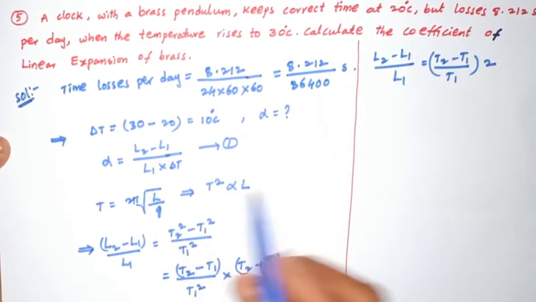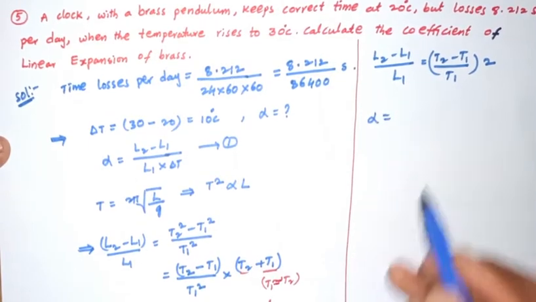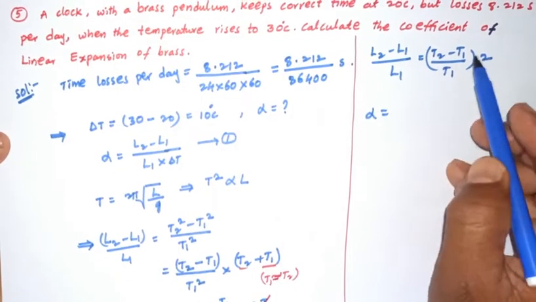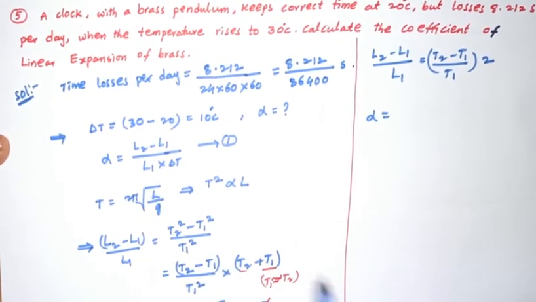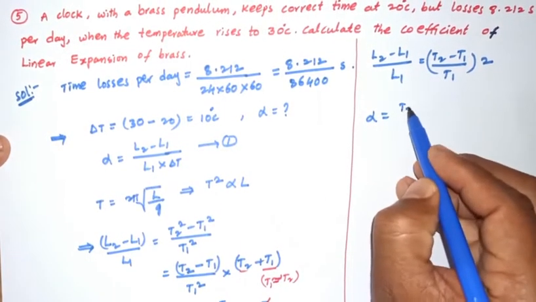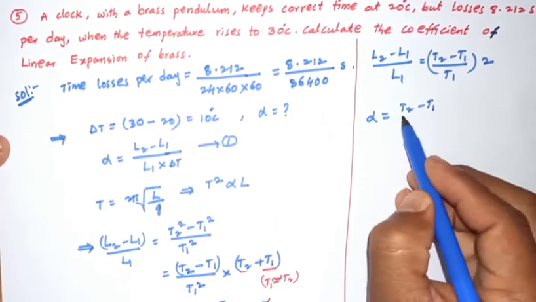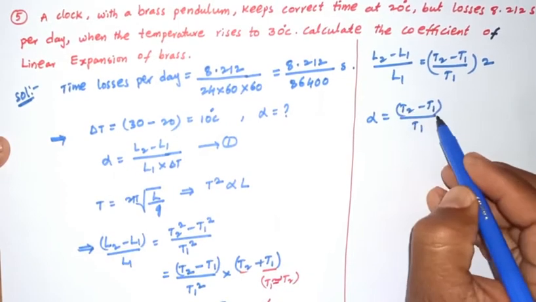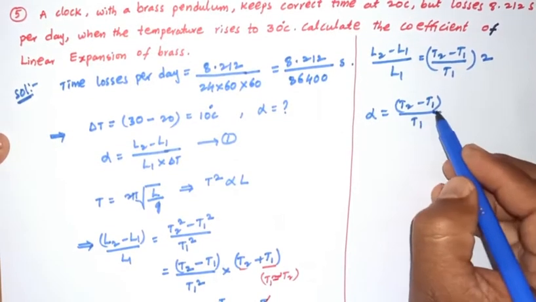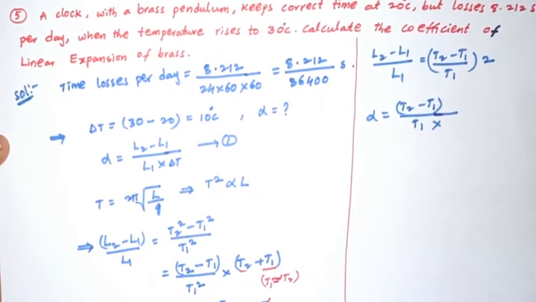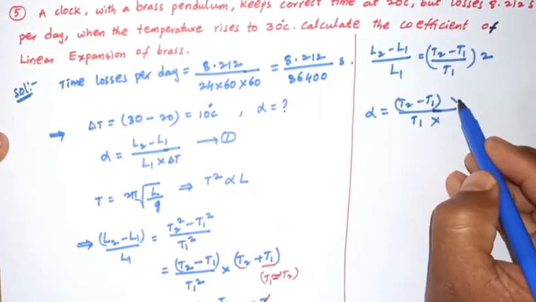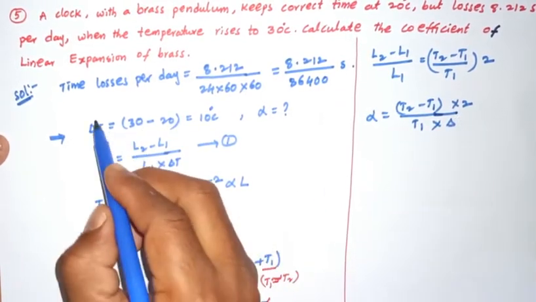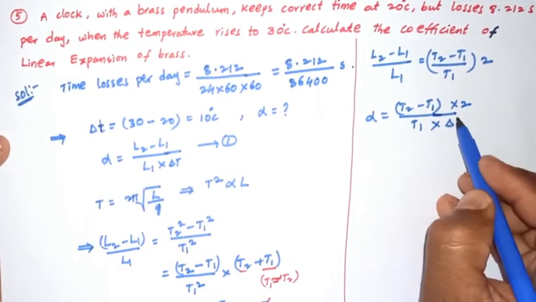Okay, so here we can substitute alpha. (L2 minus L1) by L1 equals (T2 minus T1) divided by T1 into 2 delta T. Here delta T is taken as small t.